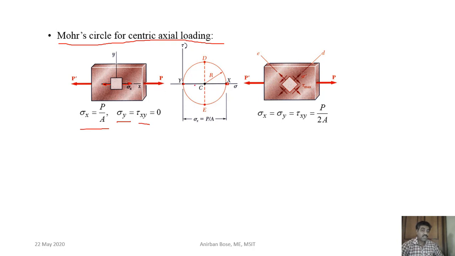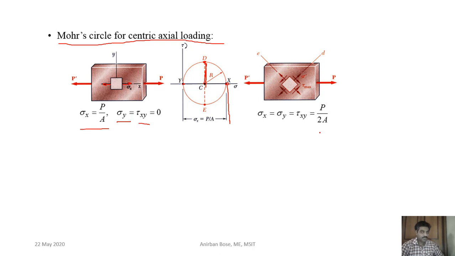Okay, so you can also find out that for this kind of element where the shear will be maximum. Yes, definitely you can find out the shear will be maximum at this point. And what is that magnitude? You see the maximum value of shear is the radius. And what is the radius? This is sigma x, right? From here to here this is sigma x, so this will be sigma x by 2, and sigma x you know is P by A, so maximum shear is what?